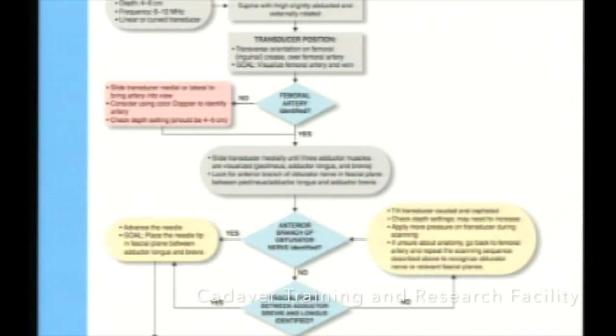The first muscle that comes is the pectineus muscle, and after it you will see the three adductor muscles, with shiny interfascial planes between adductor longus and brevis. The obturator nerve is the flattest nerve in our body, so you can't see it individually. You have to inject the local anesthetic between the planes.